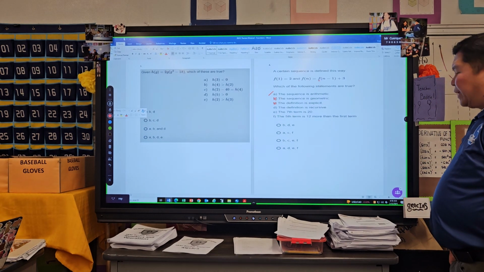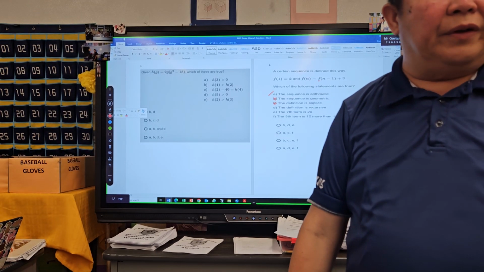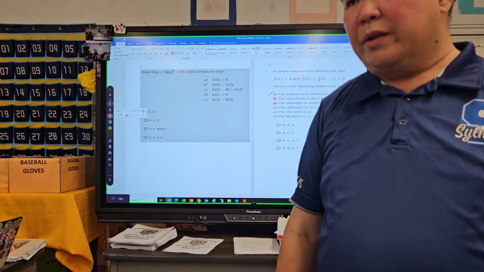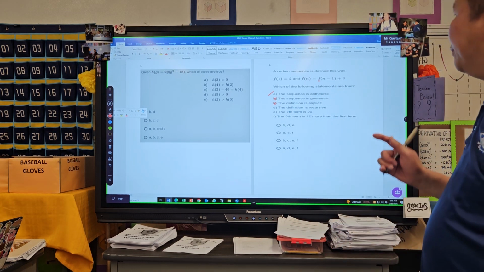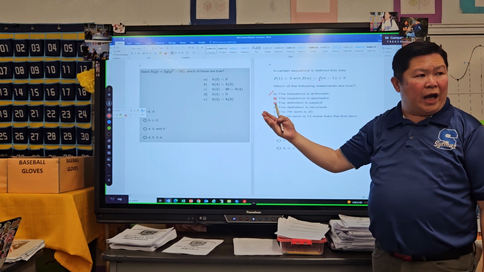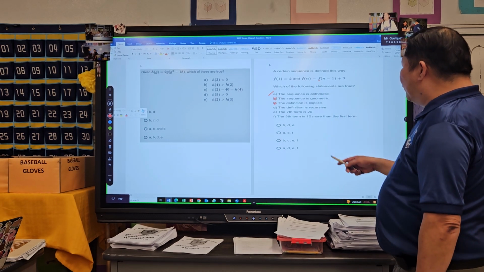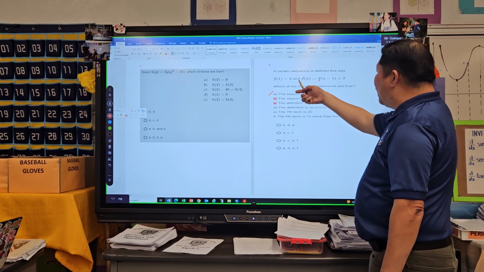Now, is this a definition of recursive? Can you still remember recursive in your geometry and also algebra 2? Recursive means this has something to do with the previous answer. You're going to have to carry it over. So, for this one, recursive. Because, why?